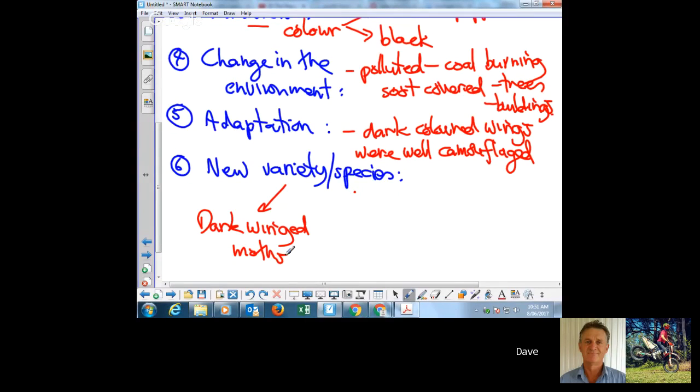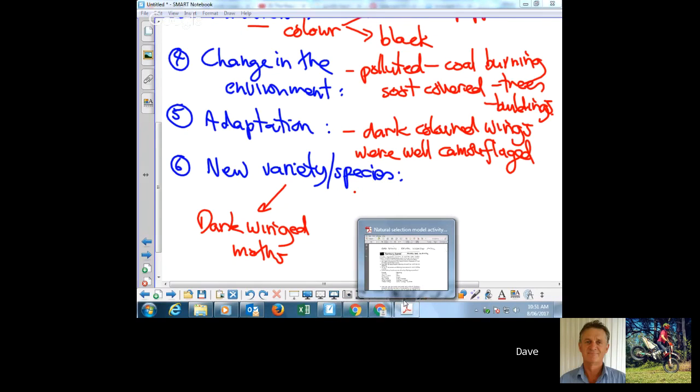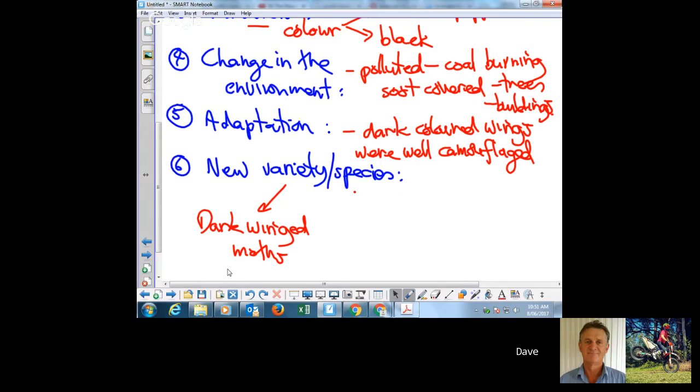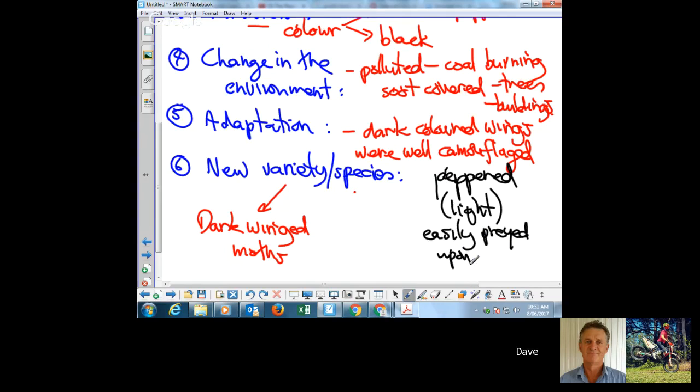And the extinct species, peppered, light colour, were easily preyed upon and led to them becoming almost extinct.